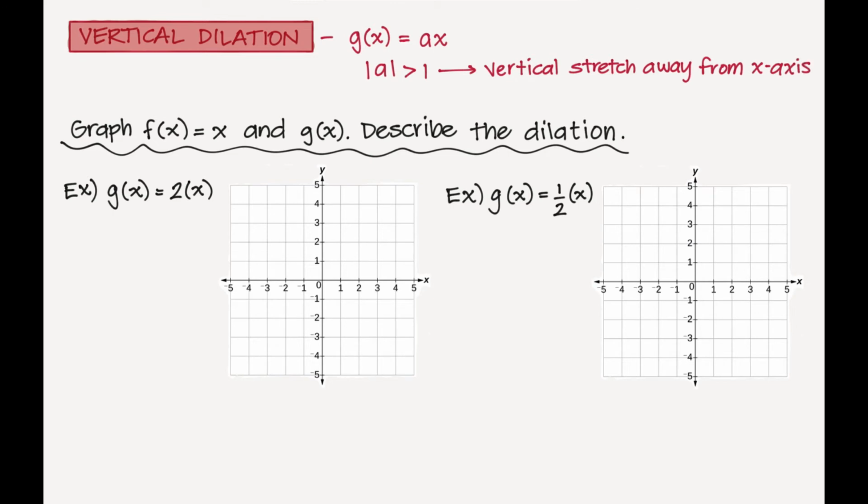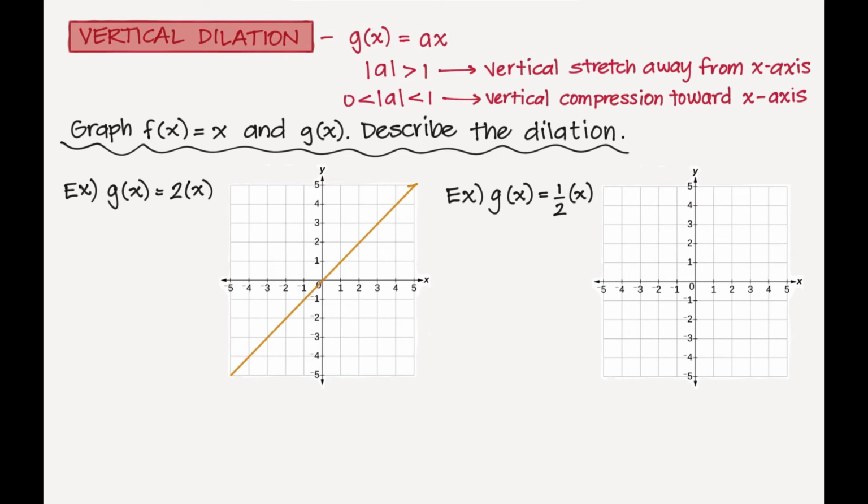So the line is going to be looking a lot steeper going away from the x-axis. If the absolute value of a is between 0 and 1, then we call it a vertical compression, and this is going to be toward the x-axis. So it's kind of like the line is going to be leaning toward the x-axis, like it's going to be getting flat.